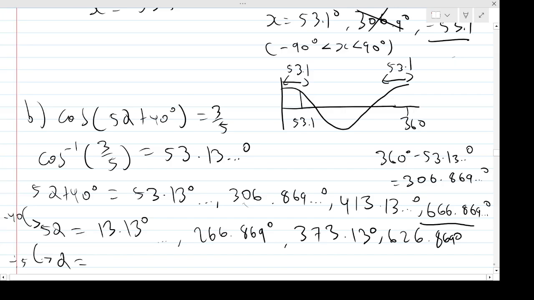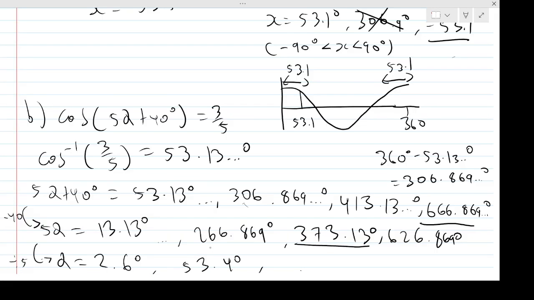If I divide this 13.13 firstly by 5, I get 2.6. I'm going to round it to 1 decimal place. And then this next solution, 266.869 divided by 5, I get 53.4 degrees if I round it.